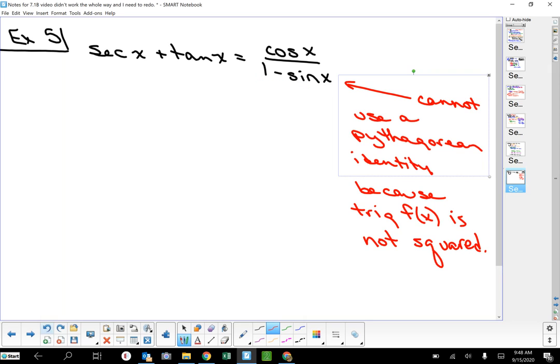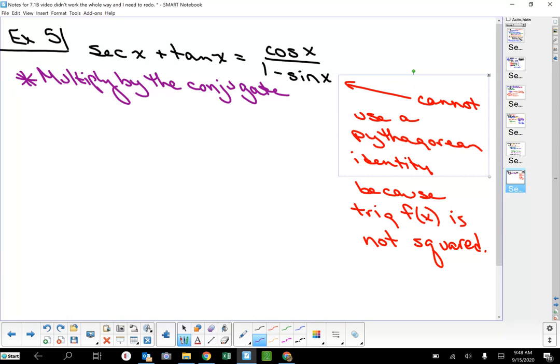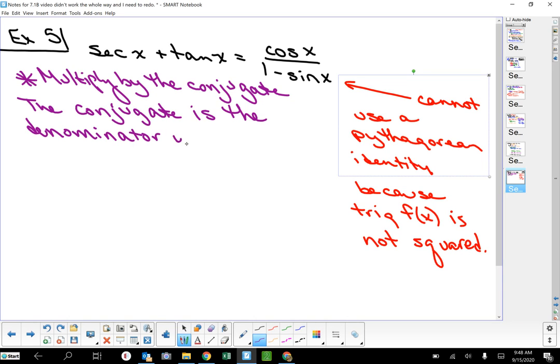So when we have something like this, a common method that you can do is what's called multiplying by the conjugate. And what that means, the conjugate is the denominator with the middle sign changed.